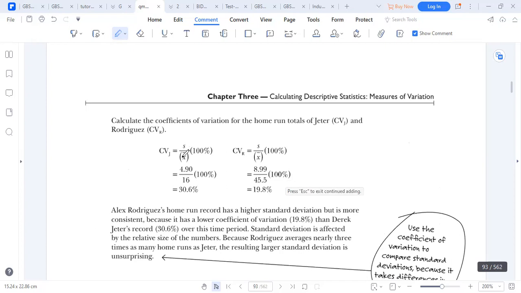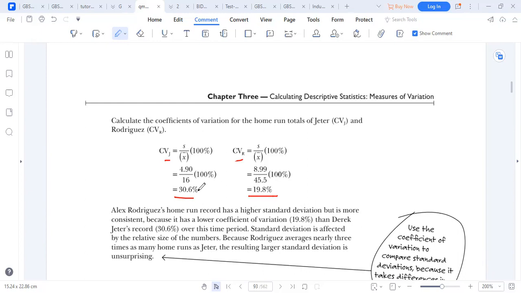Standard deviation over mean times 100: here we get 30.6%, here we get 19.8. So Rodrigue's runs show a 19.8% coefficient of variation, which is lower than that of Jefta's record, which is 30.6.